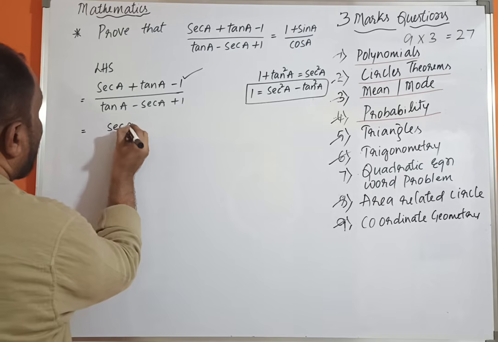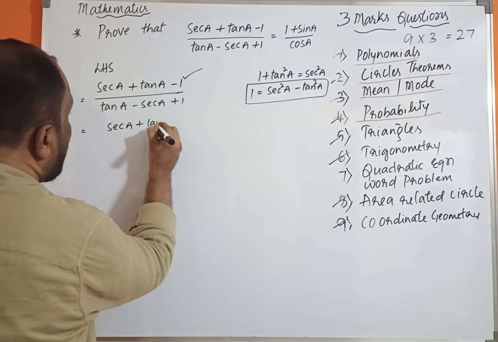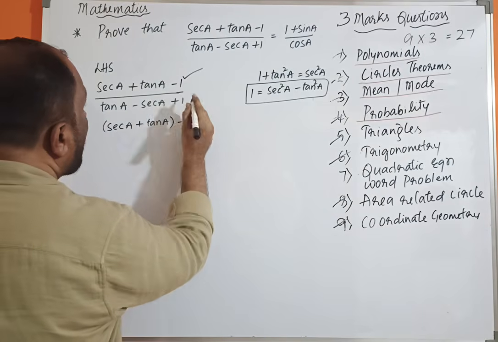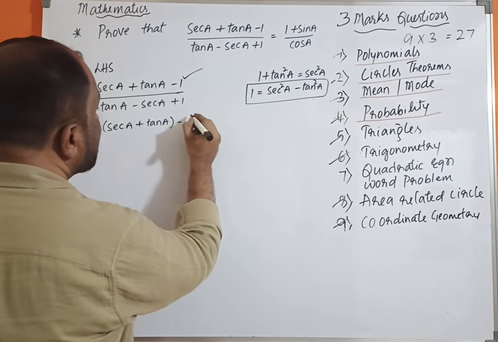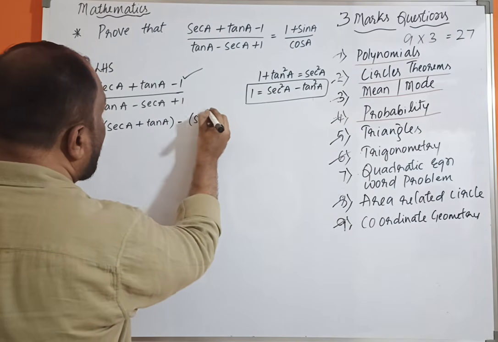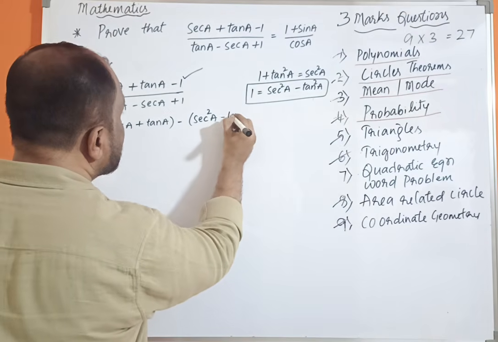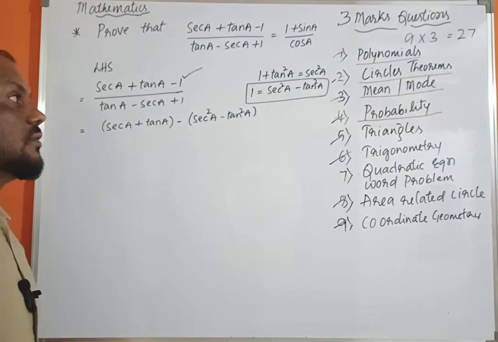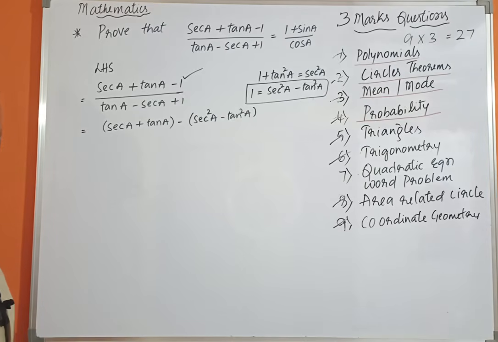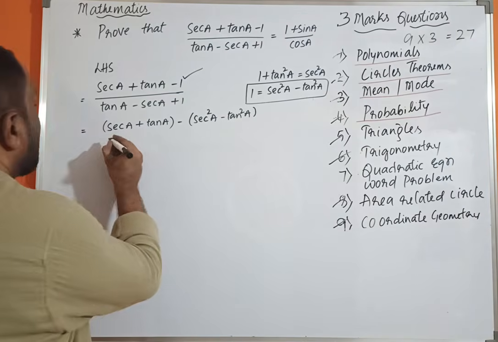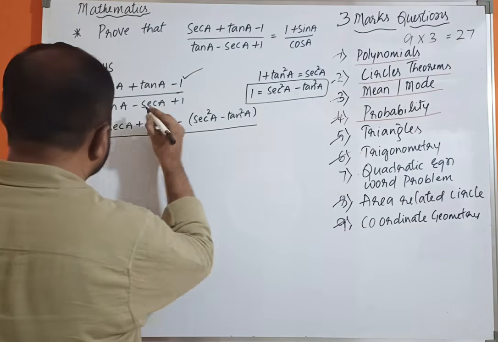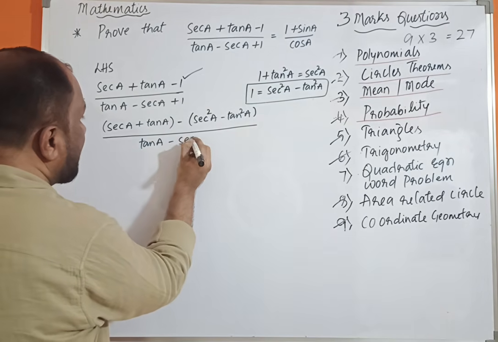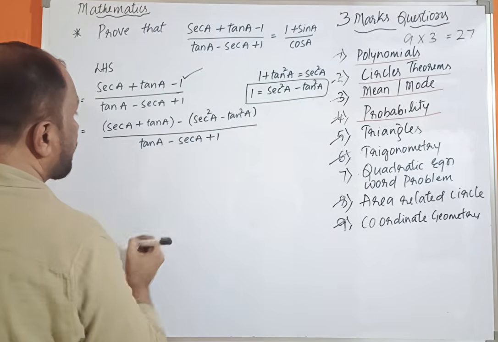Secant A plus tan A, we keep it in a bracket, then minus 1 we write as secant square A minus tan square A, because the identity says 1 is equal to secant square A minus tan square A, divided by tan A minus secant A plus 1.